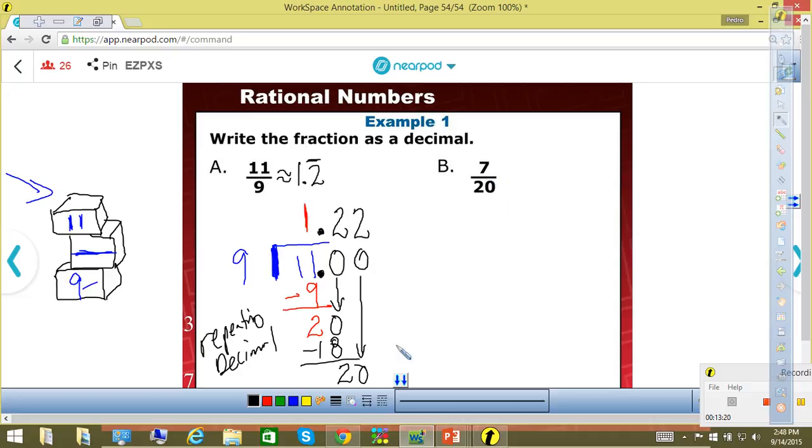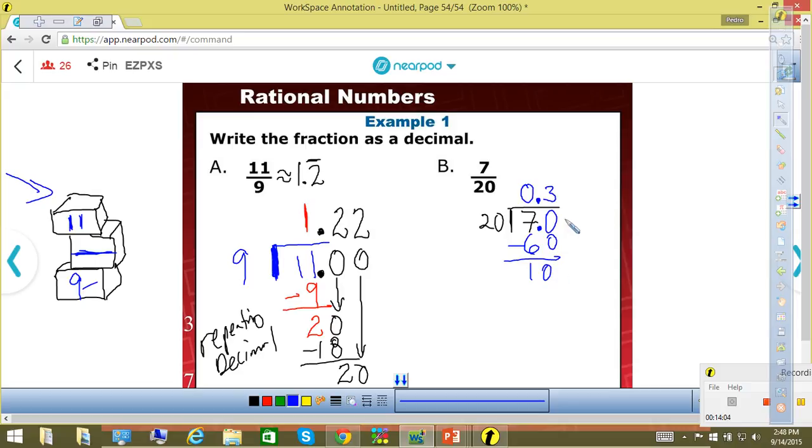Okay, let's do B. Let's see, which one goes at the end? 7, and then the bar, and then 20, and you do your division. There it is. All right, here we go. Does 20 fit into 7? Put 0, add a decimal, 0. How many times does 20 fit into 70? 3. That's 60.